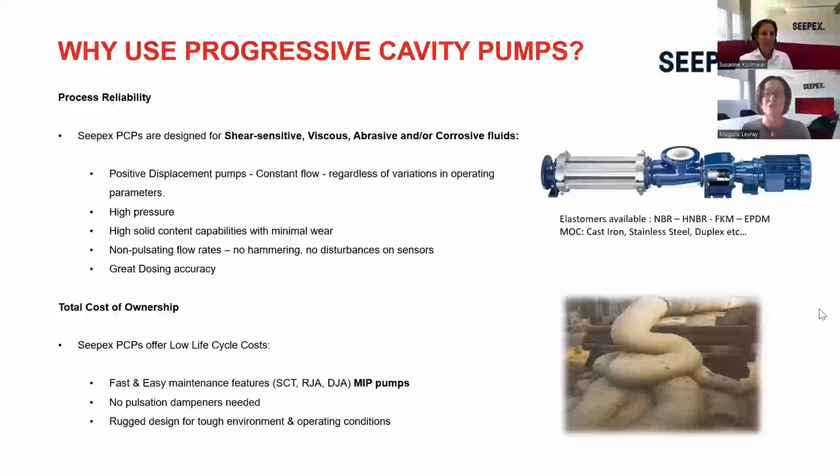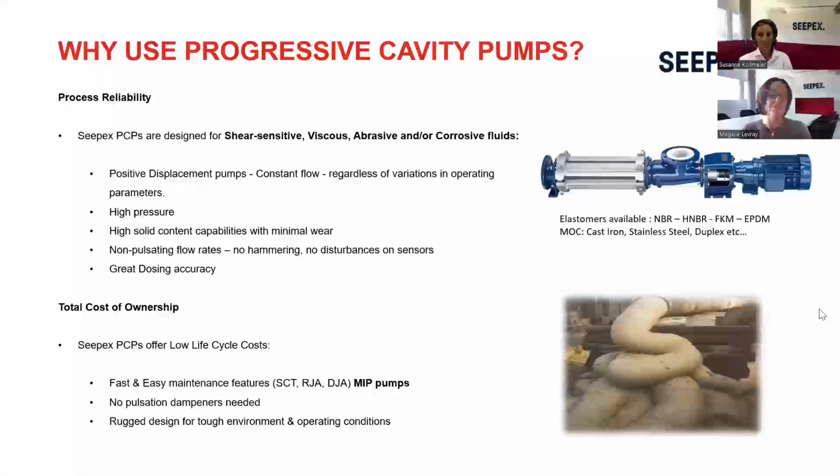For the total cost of ownership, SEEPEX progressive cavity pumps offer low life cycle cost because we have a real focus on maintenance features. Our pumps are MIP pumps, that is, maintenance in place. We have various patented features, which we'll see further down.